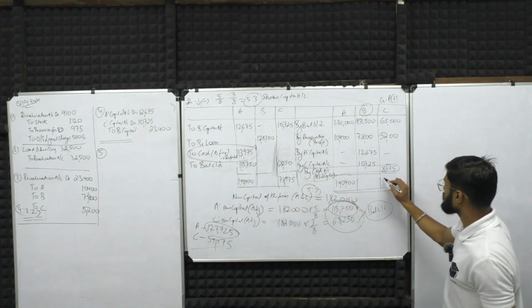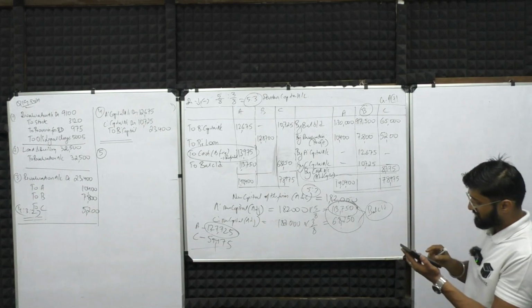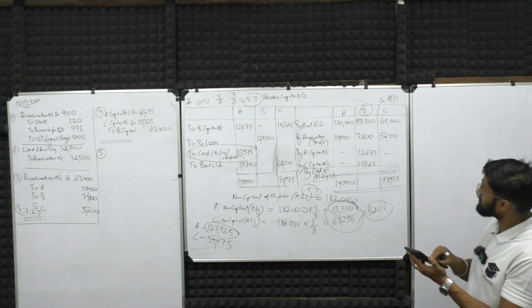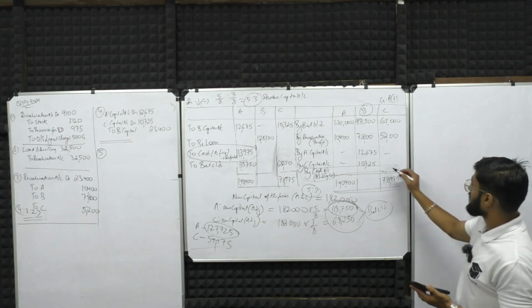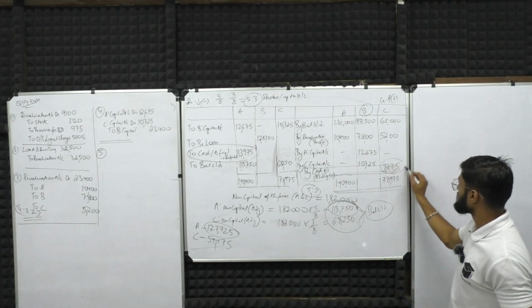Debit should always be equal to credit. Enter the balancing figure: minus 65,000 minus 52002, is 8775. Cash in comes here.